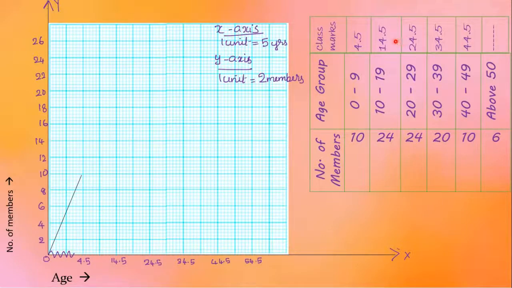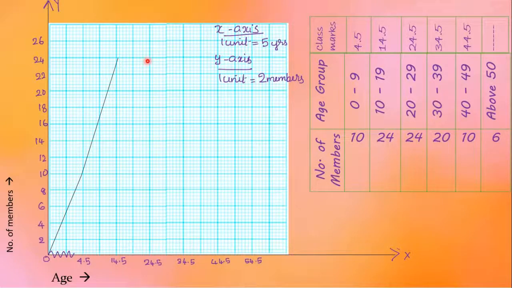Then the second class mark is 14.5 and the corresponding frequency is 24. Corresponding to 14.5, we can mark a point here at 24. Let's draw a straight line joining these 2 points. The next one is 24.5. Corresponding to 24.5, again the frequency is 24. So here is a straight line.